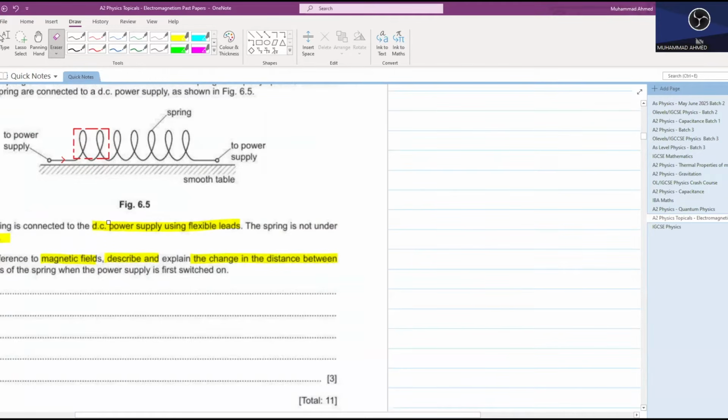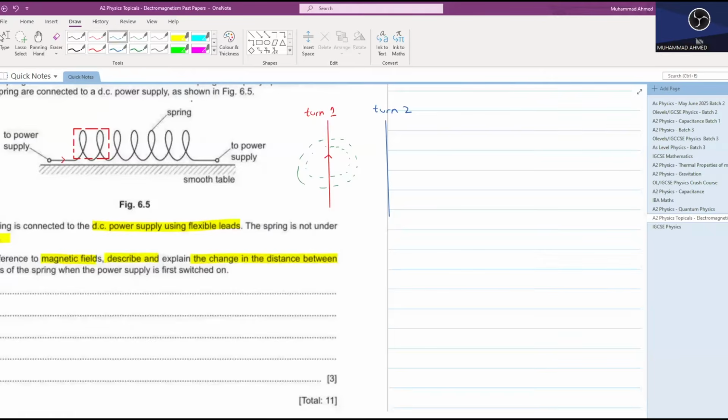Let's say this is the first turn of the coil, turn 1, and this is the second turn of the coil, turn 2. Now, as soon as current goes into this coil, what will happen? It will generate its magnetic field like this.